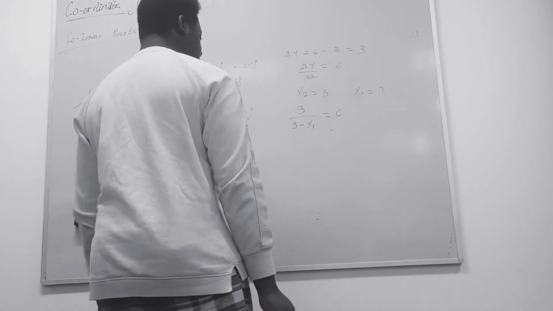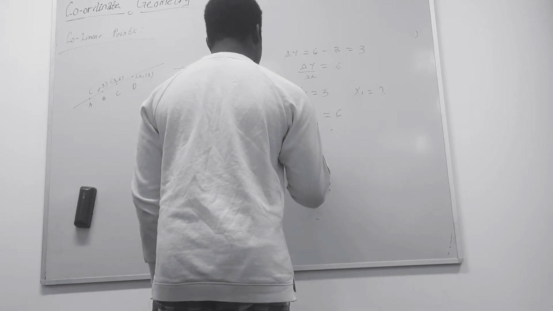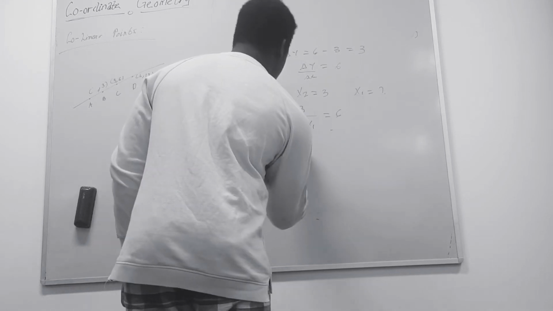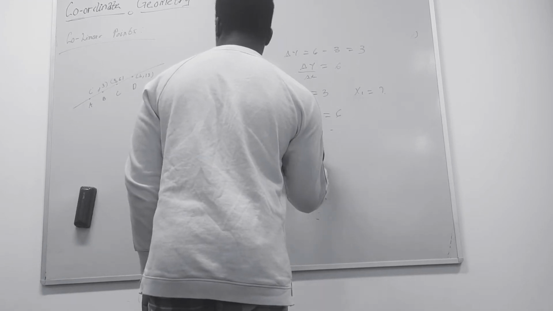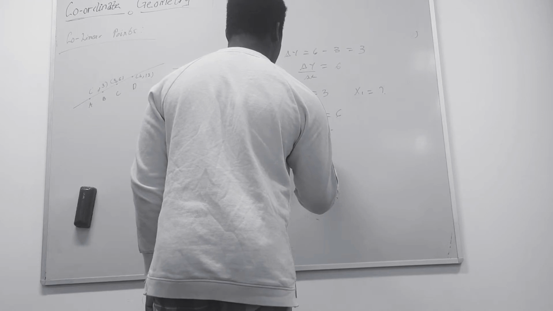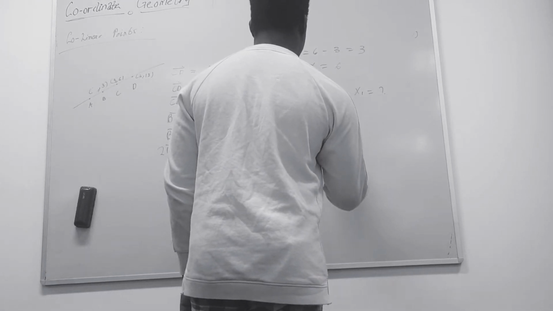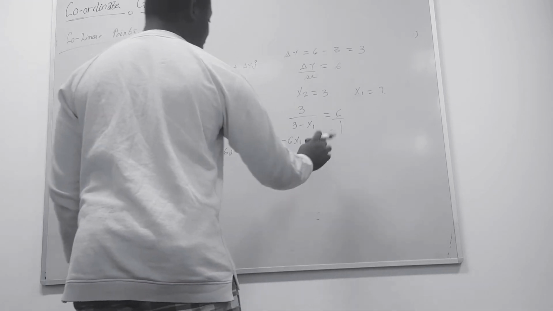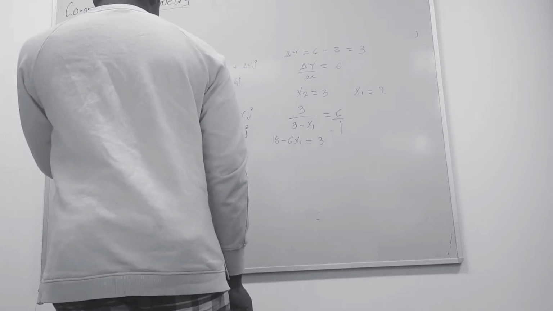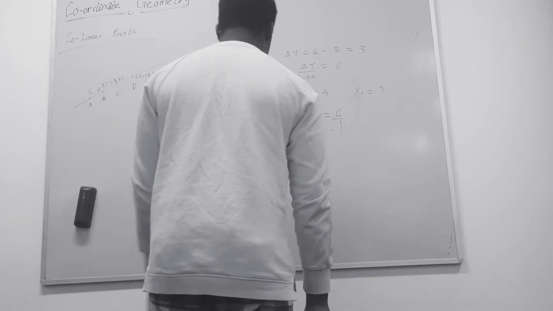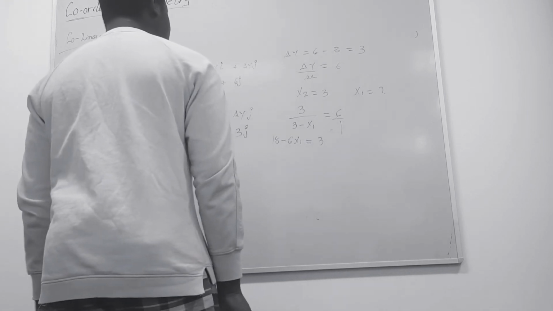If I cross multiply, I know 6 times 3 is 18, and 18 minus 6x1 is equal to 3. What am I doing? It's equal to 3.